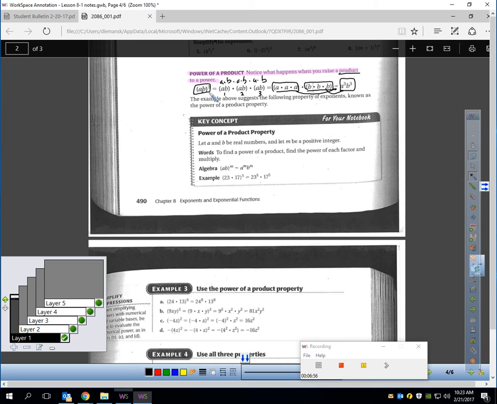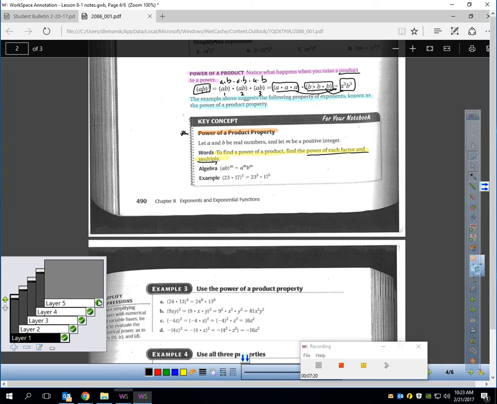Now, how can I get from here all the way to here without doing all this work? The above example suggests the following property of exponents known as the power of a product property. Okay, and again, I'd get this in my notes. To find the power of a product, find the power of each factor and multiply.